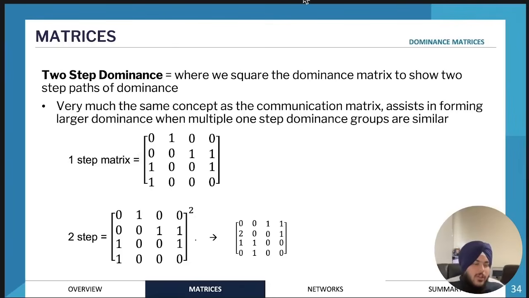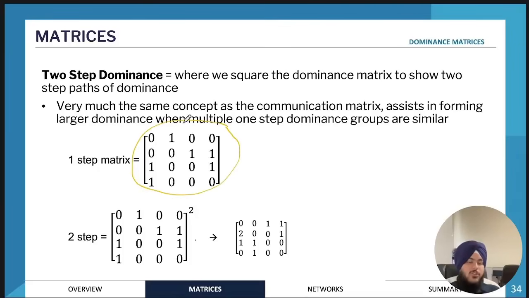Okay, so then we can also have two-step dominances. So two-step dominance is very similar to two-step communication, is when one team versus another team who has beaten another team. So very sort of confusing, but again, the way that you would find the two-step dominance matrix is by squaring the one-step dominance matrix.